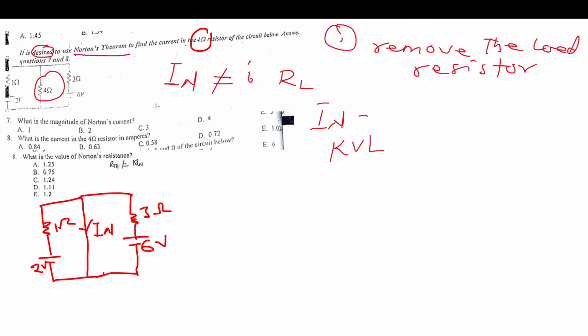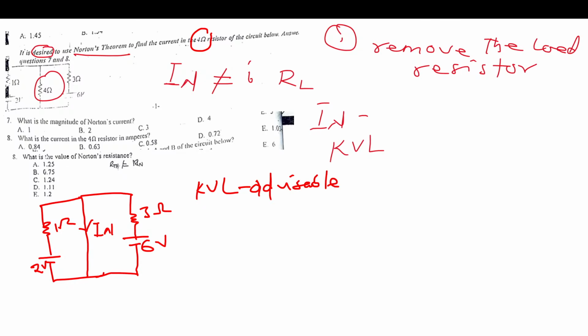Alright, so after we are done, we are supposed to solve this using KVL. Once again, you are not limited to using one particular technique to solve this, but anytime you are asked to use something to do something, it's mostly because that technique is advisable.